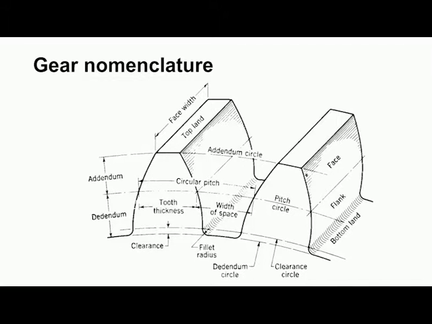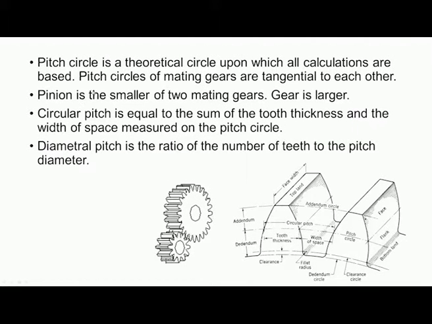And then we have a clearance circle here and a small fillet radius, and this is the clearance. It is a gap between the clearance circle and the dedendum circle. Now, the pitch circle is a theoretical circle upon which all calculations are based.